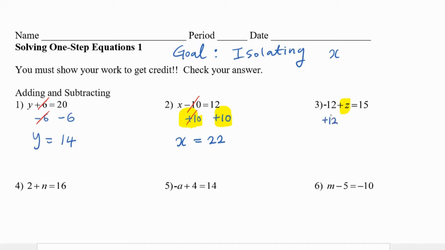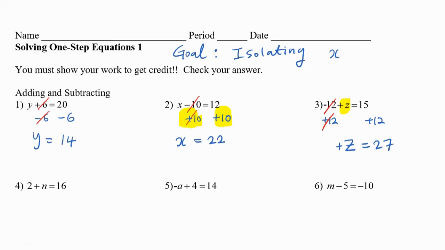So you're adding plus 12 on both sides. All right, this will be cancelled and z will be isolated. You can keep the plus sign or you can omit the sign. So 15 plus 12 becomes 27. So the answer is z equals 27.